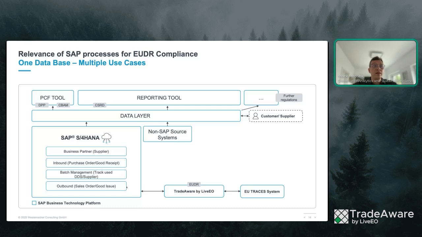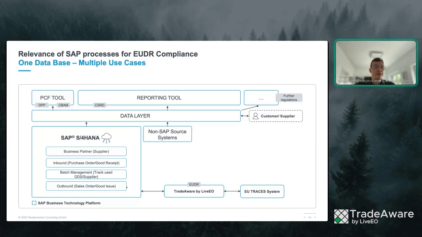Especially since companies many times only react to upcoming regulations and then start scrambling together data, doing this perhaps in an Excel spreadsheet, or I don't know, Microsoft Access databases. So they try to create individual platforms where specific data is available.